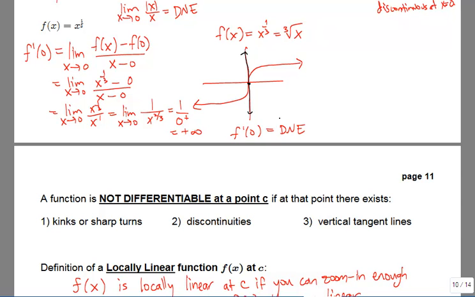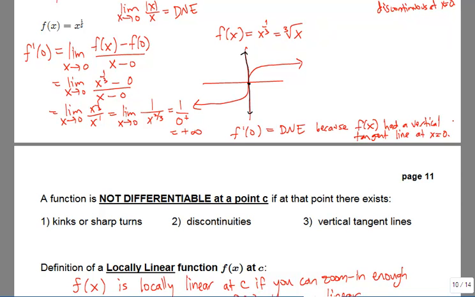So that's why this is DNE. So the derivative is DNE because the original function f of x had a vertical tangent line at x equals 0.